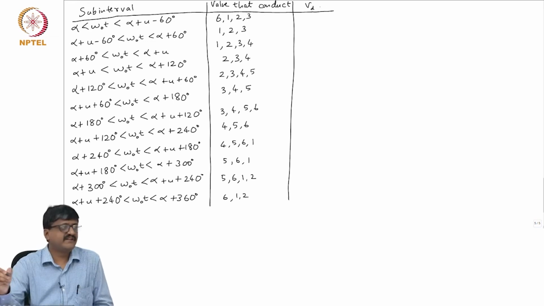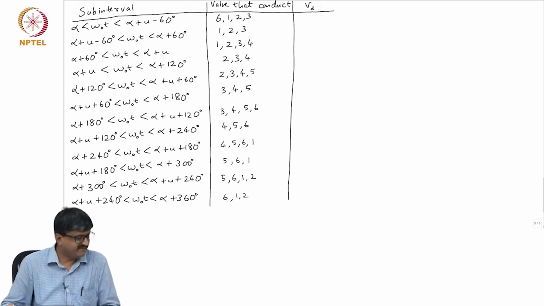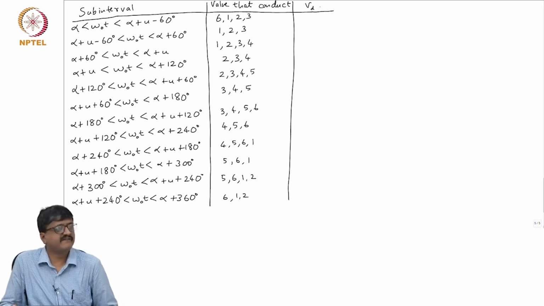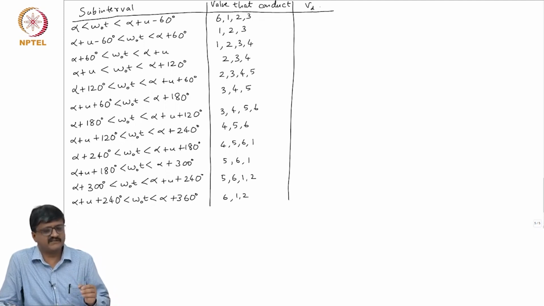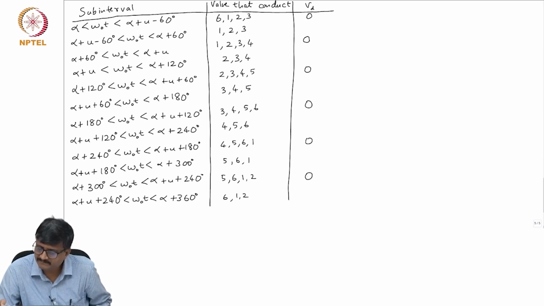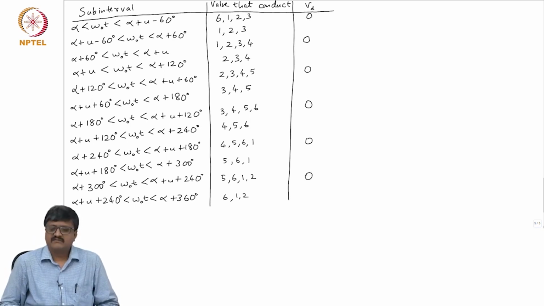If I look at the DC side instantaneous voltage Vd, now it is easy to say what is the expression for Vd whenever 4 valves conduct. Whenever 4 valves conduct, it means there are only 3 legs, so at least in one leg both valves conduct. So Vd is 0. Whenever 4 valves are conducting on all these subintervals, it is 0. Now in the second subinterval, valves 1, 2 and 3 conduct.